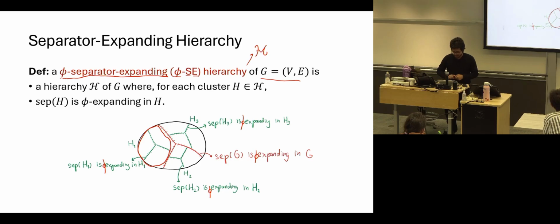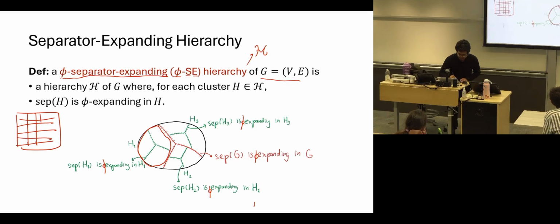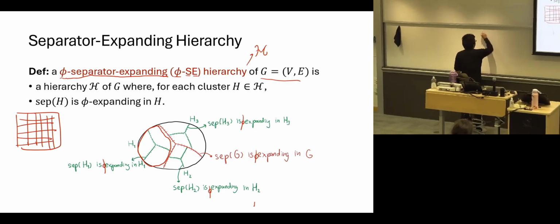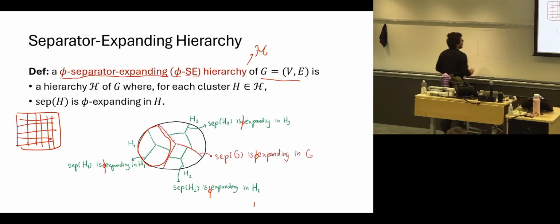Let's say I have a grid like this, and maybe my hierarchy looks like this. I just fixed some way of hierarchically partitioning the graph.